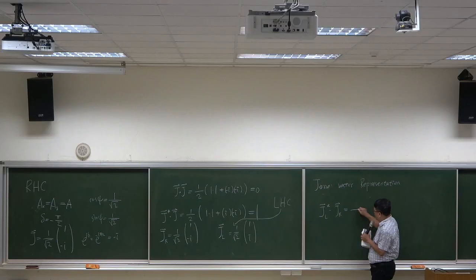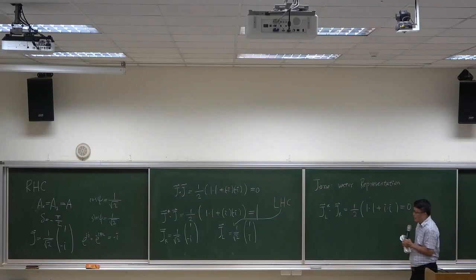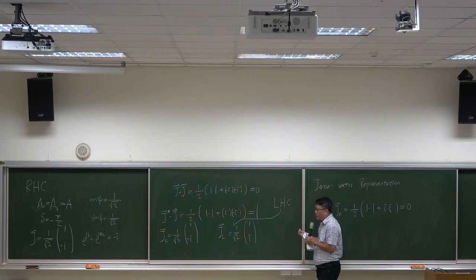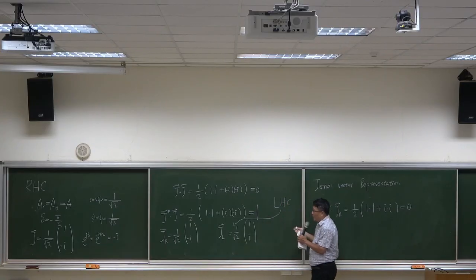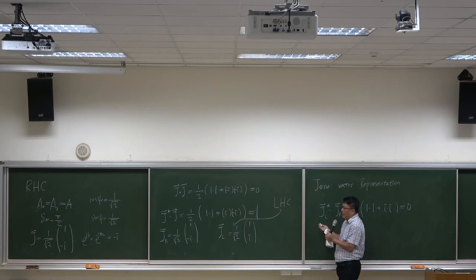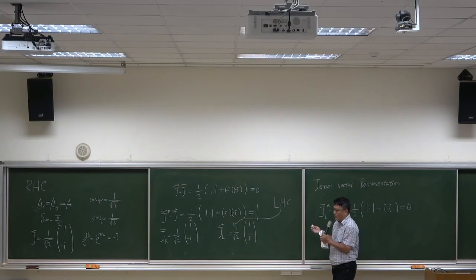This is equal to 1/2 times 1 times 1 plus i times i, which gives us 0. This is reasonable because right-hand and left-hand circularly polarized light are not only two independent polarizations, but they are orthogonal polarizations.